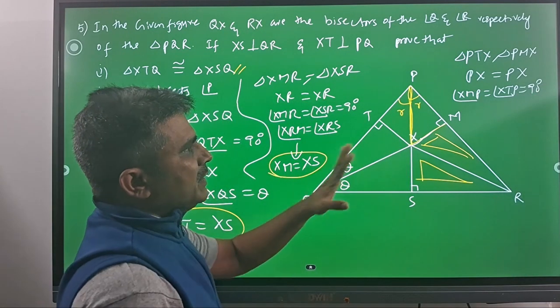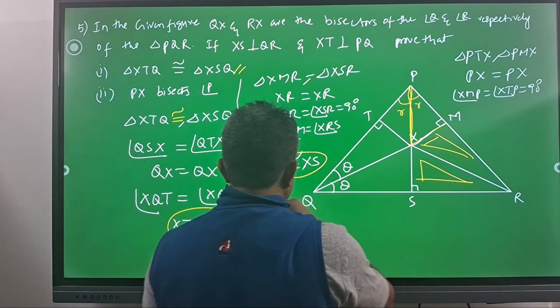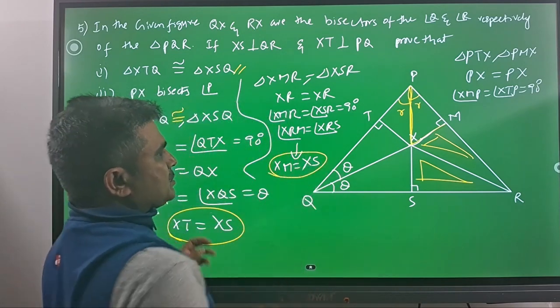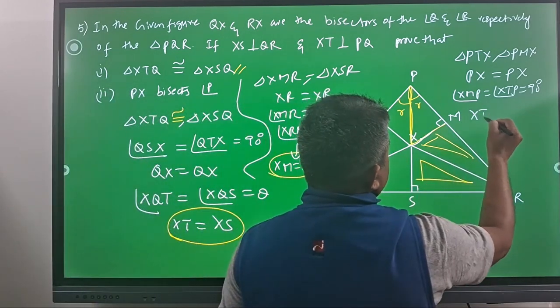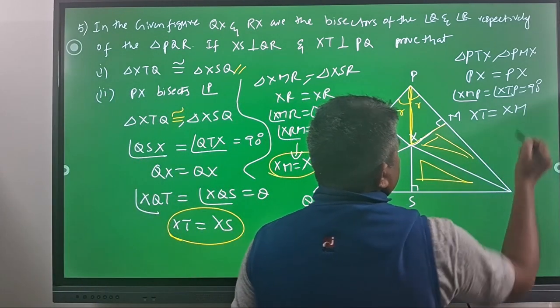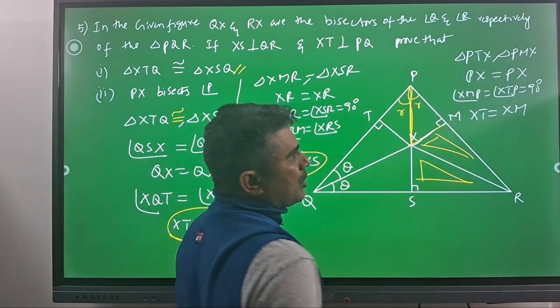Okay, we have that angle also. And any other thing? Yes, from the previous information, all perpendiculars are equal, so we have XT is equal to XM. So from these three we can say that the above triangles are congruent.